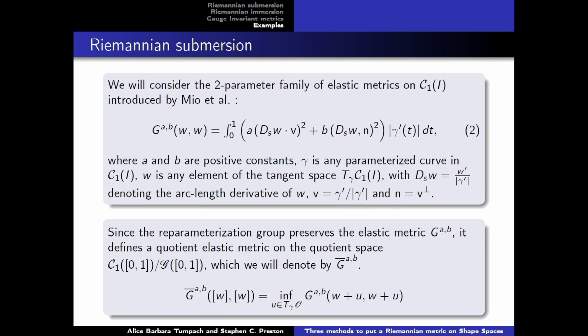Yeah, so here I have the family of elastic metrics on curves, and you have a family of elastic metrics on surfaces. That was in the slide in the previous talk, but it's a very commonly used metric on surfaces, which is called elastic metric. The 3-parameter family of.